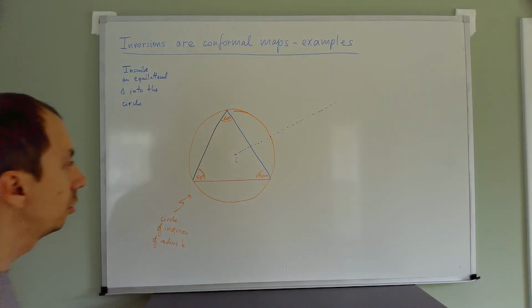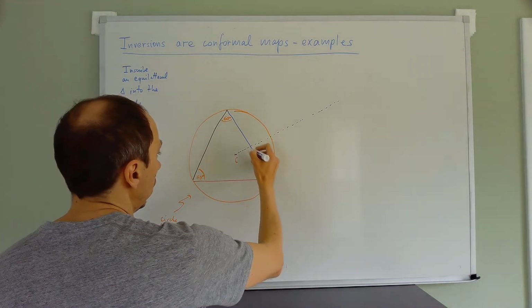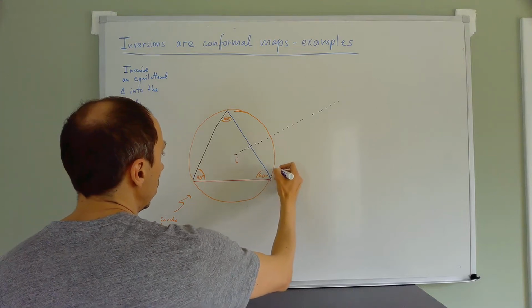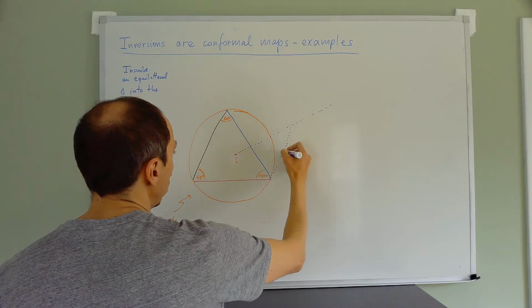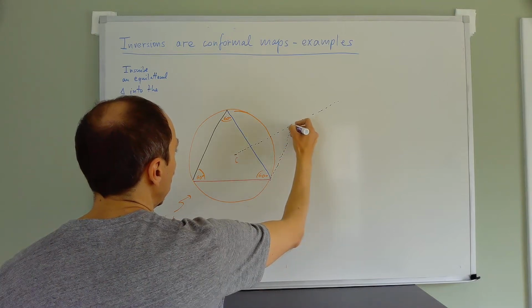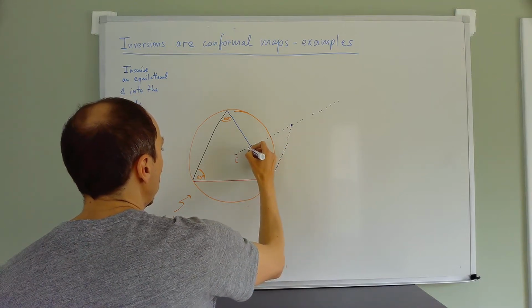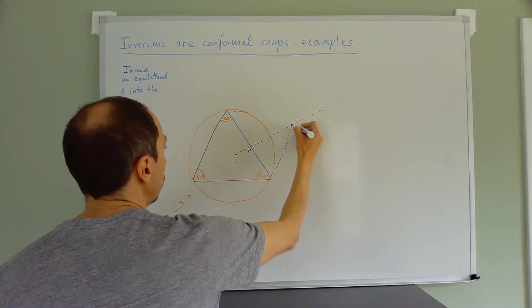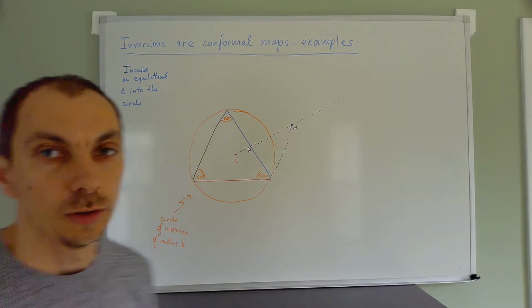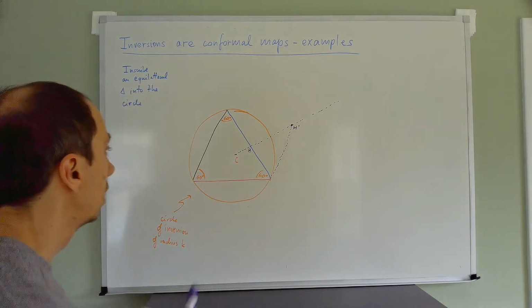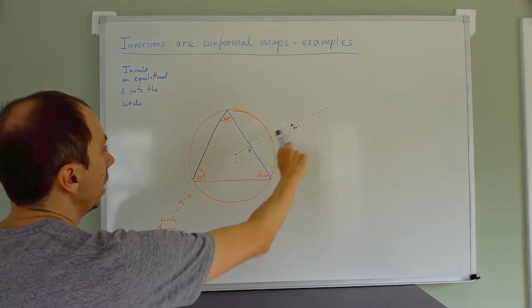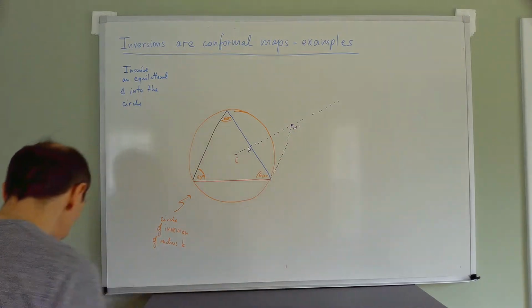Okay, and then I need to look at the line that is tangent here. Okay, my straight lines definitely don't look straight. So if this was H, this is going to be H prime. So now you see what your circle is going to be. It's this circle whose diameter is CH prime.